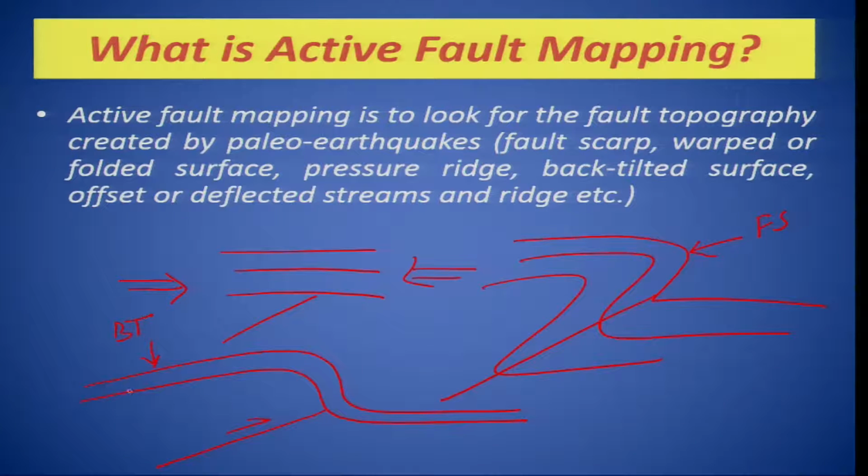The surface has been tilted towards the back, and this is very common in most of the fold and thrust belts. One of the mightiest ones is the Himalaya. So, we will come across such manifestations on the surface. That is the fault topography, and we are going to pick up those.